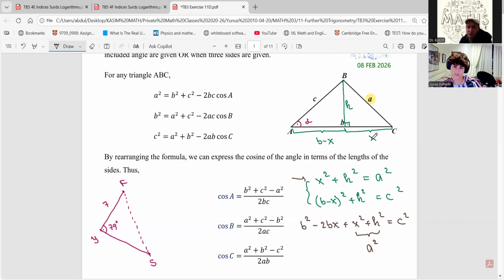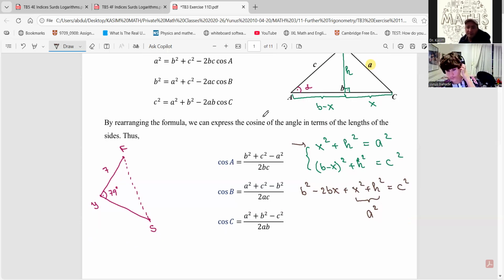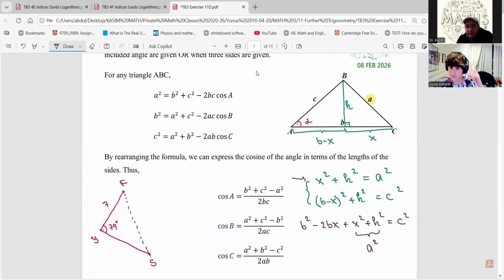Okay, no problem. So looking at this one, can you tell me what is cosine of alpha? B minus X over C. From this equation, what is X? Can you solve this for X quickly?